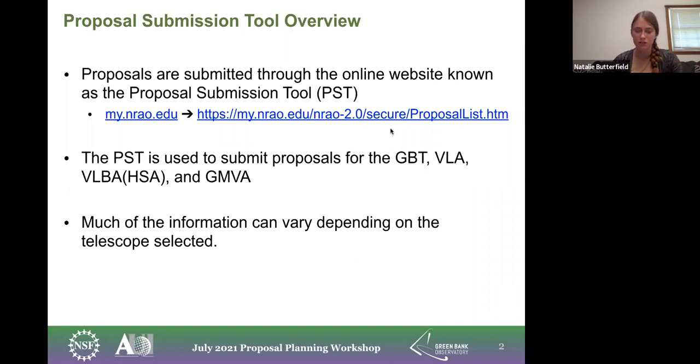However, much of the information that you will be adding can vary depending on the different telescopes that you've selected. So if you're submitting a GBT proposal for the first time, and you've submitted a VLA proposal in the past, a lot of the sections will look very similar, but there are some slight variations because we are a different instrument. So just be aware of that.